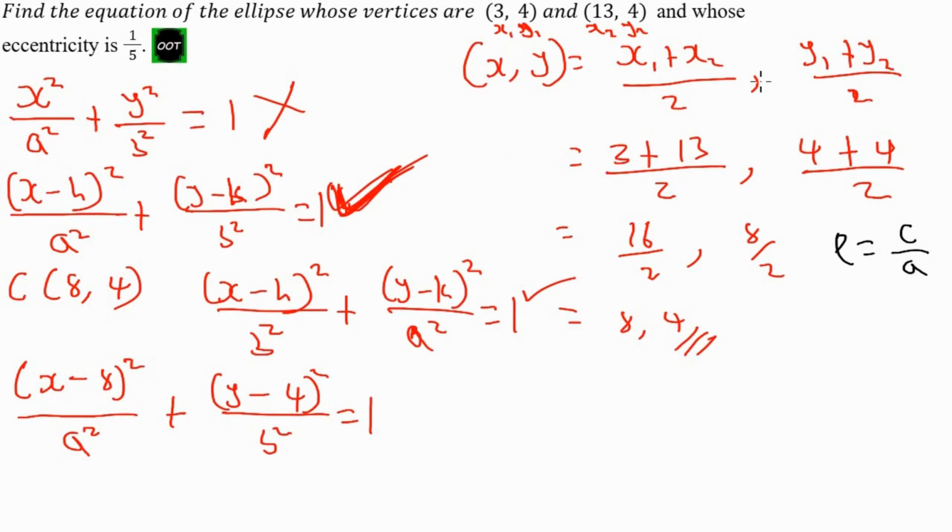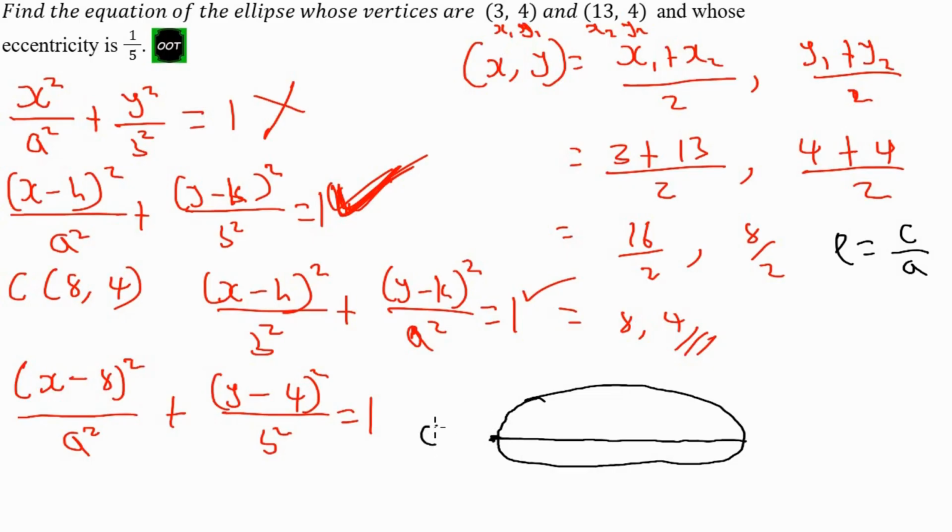Let me show you what I'm trying to explain. If this is the ellipse, from here to here, this is the first point, let's say 3,4, while the other one is 13,4. Good.